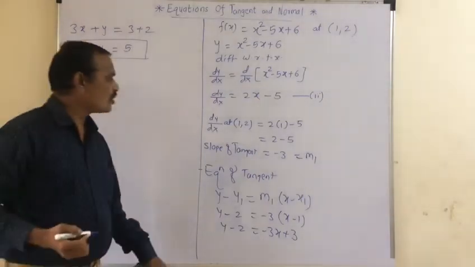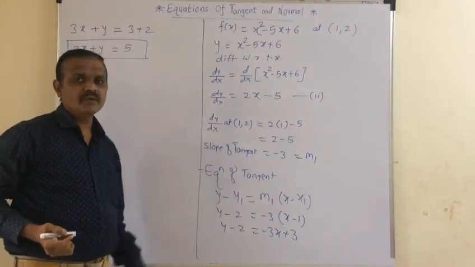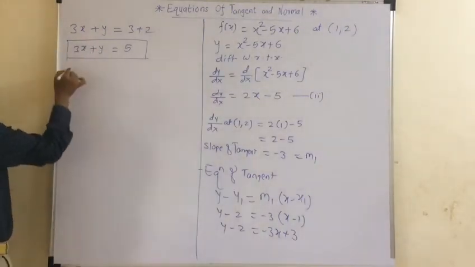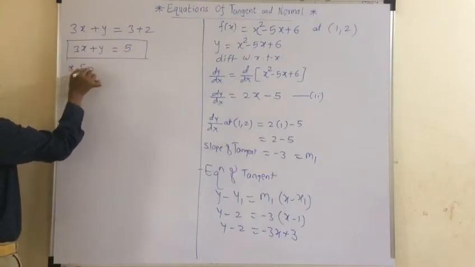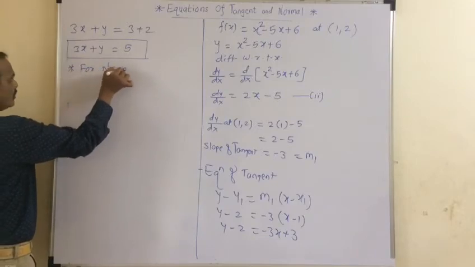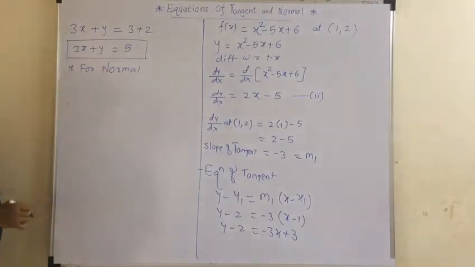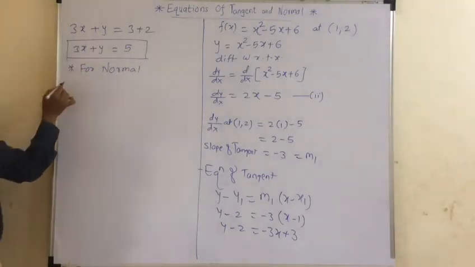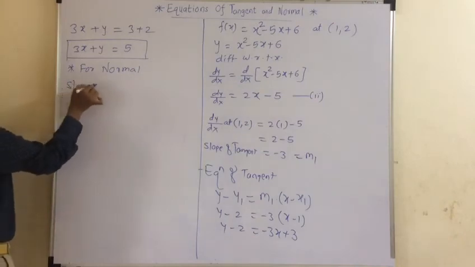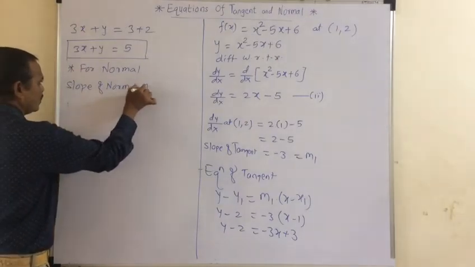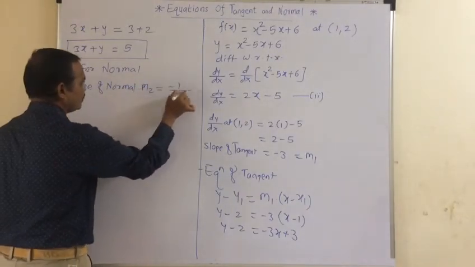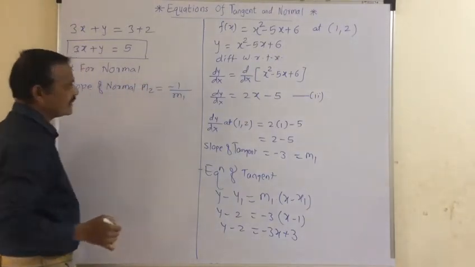Now for normal, we first find slope. For normal, first we have to find slope of normal as m2 is equal to minus 1 upon slope of tangent.